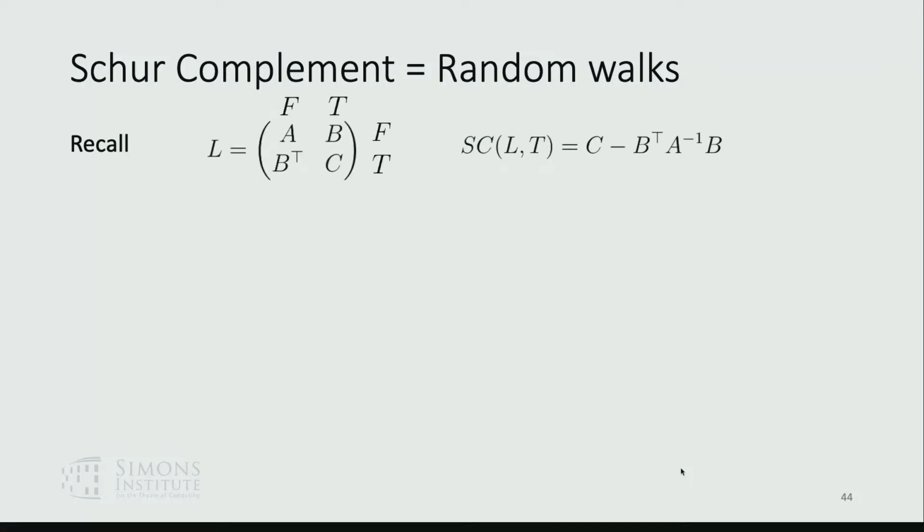I'm just recalling what the Schur complement is. We took a partition of the vertices that broke up our matrix into 4 pieces. The Schur complement is C minus B transpose A inverse B. B transpose corresponds to cut edges between F and T. A is the matrix restricted to my 5DD set.